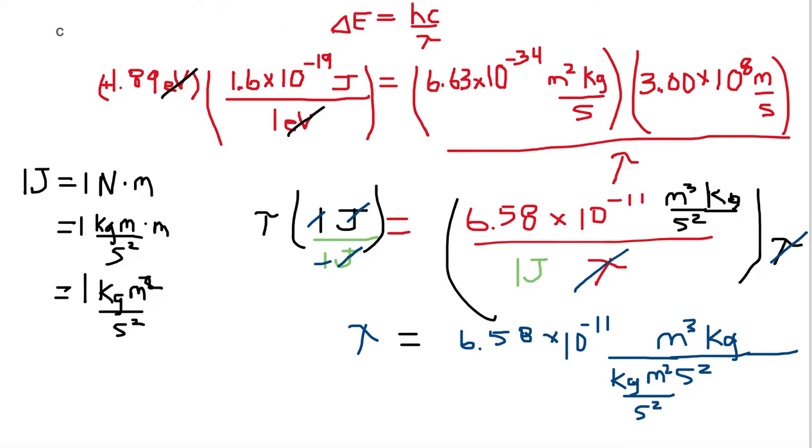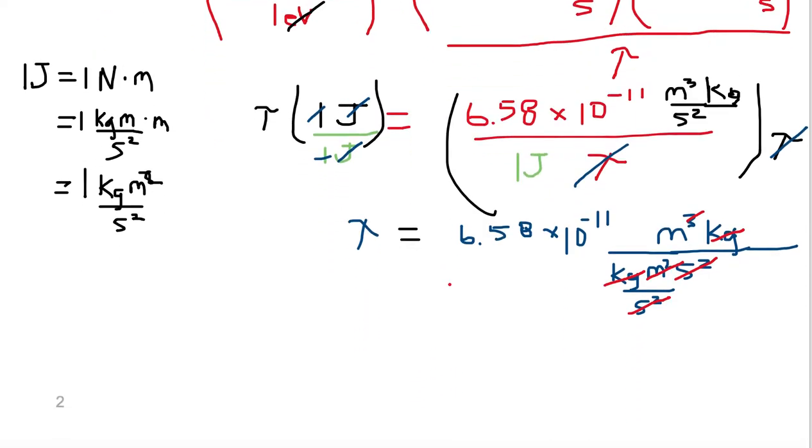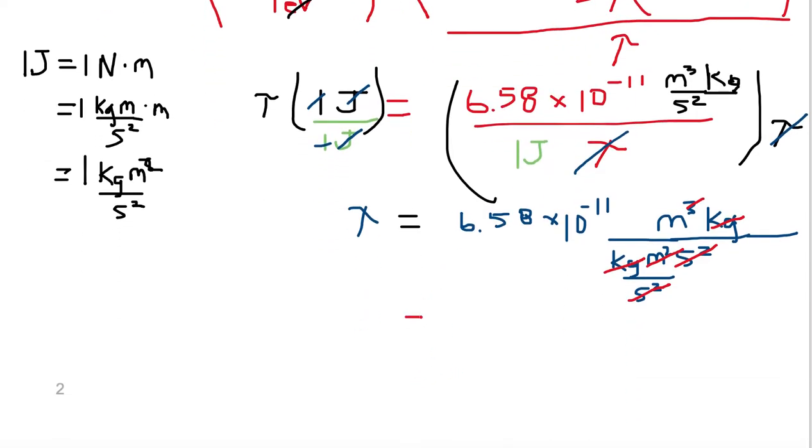So I'll go back to my red pen. Our second squareds cancel out. Our kilograms cancel out. And our meter squared on the bottom cancels with the cubed at the top, leaving 1 meter. So we have our final answer of 6.58 times 10 to the minus 11th.